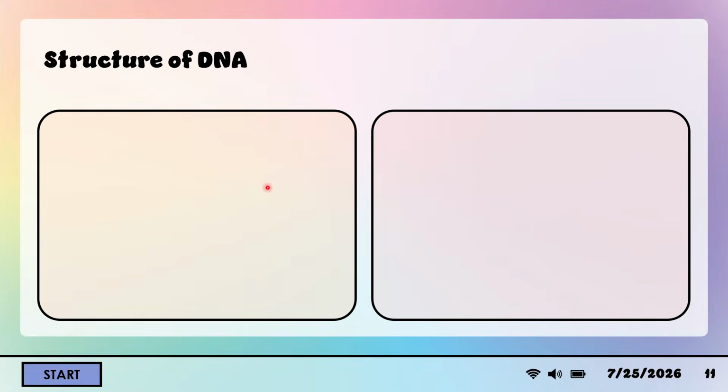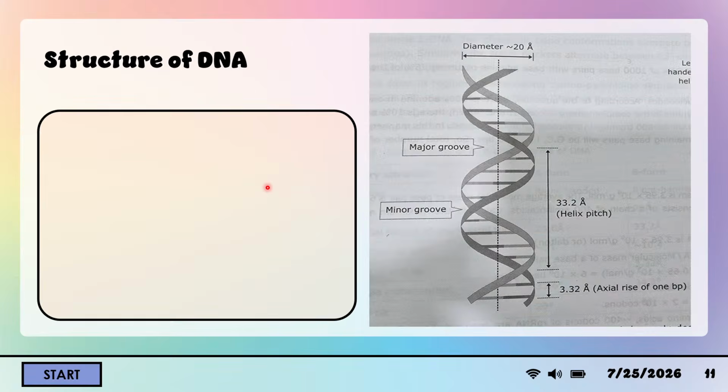All right. So now let's have a look at the structure of DNA. What we see is that the DNA diameter is around 20 angstroms. There are some components which are known about DNA, but since they are not essential in bioinformatics for us, I'm not going to discuss what is the major groove or minor groove.